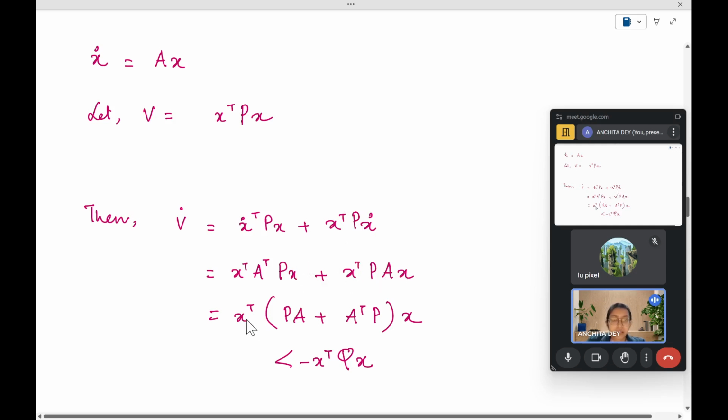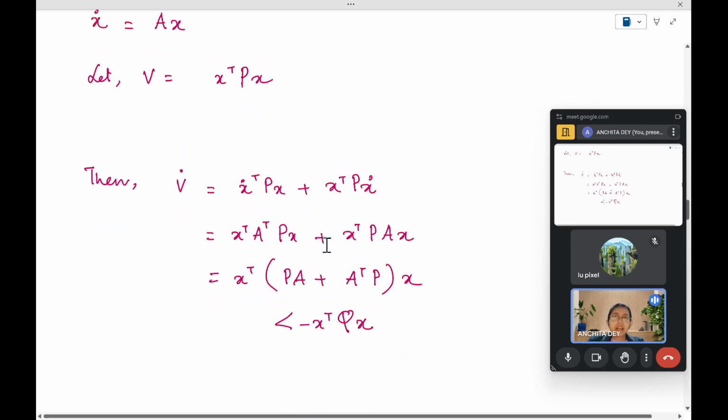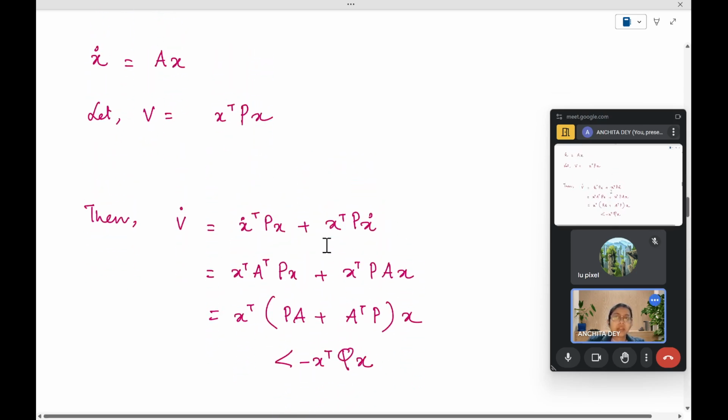If you take x transpose and x common on both sides, you get a matrix PA plus A transpose P. Now if this is my V dot, I would want this to be negative definite or negative semi-definite. The question said that A was Hurwitz, which means all the poles would be in the left half plane, so the state would be converging to 0. So it would preferably be going for less than.